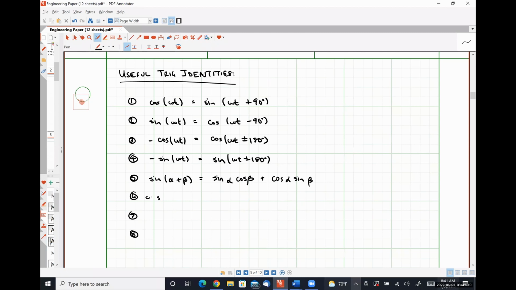Second is cosine of alpha plus beta is equal to cosine alpha cosine beta minus sine alpha sine beta. And that negative sign there in the middle is correct.